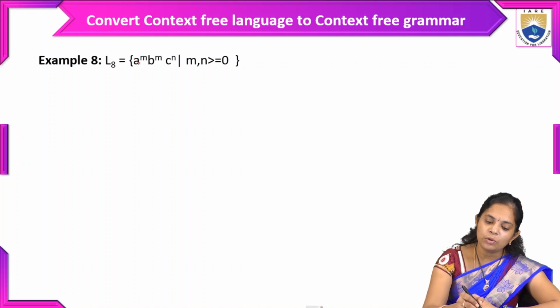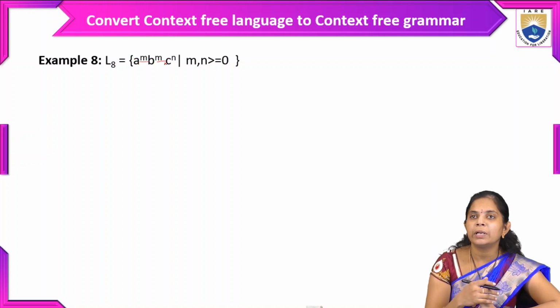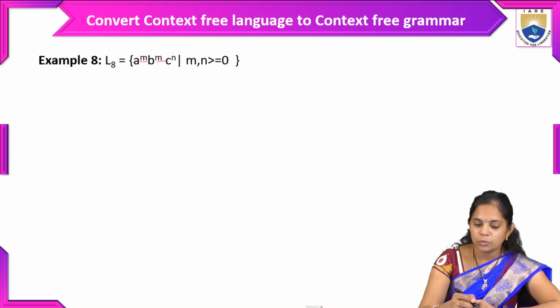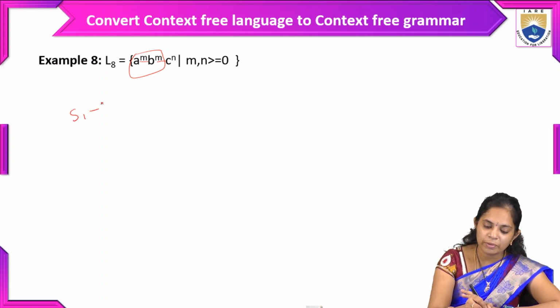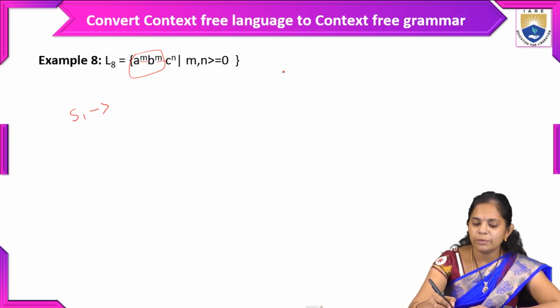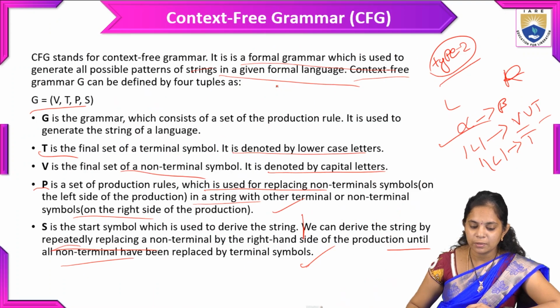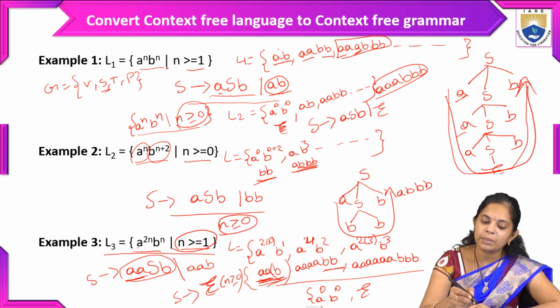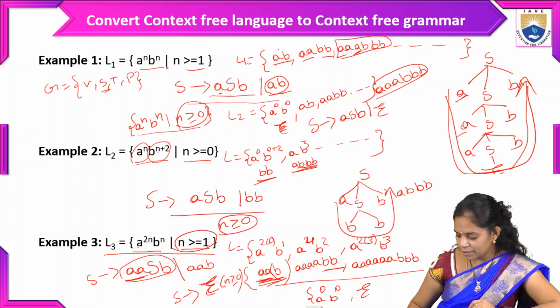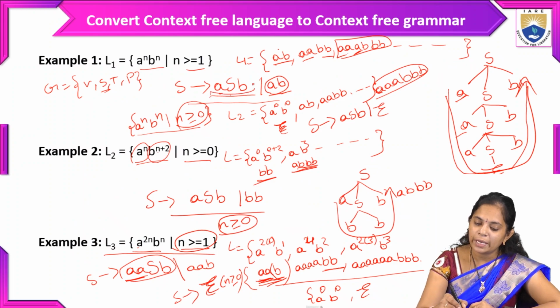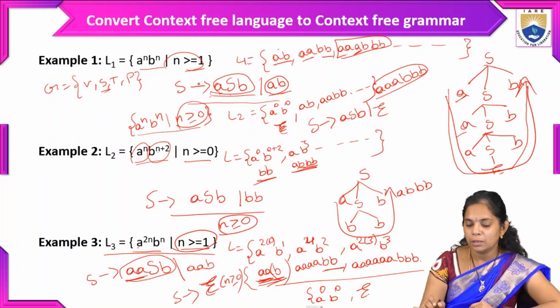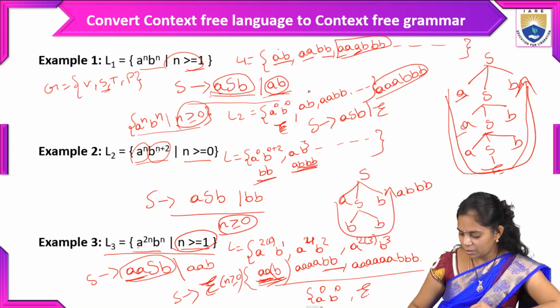So here the value of A power M and B power M is the same. So let me divide this into two things. So here for the grammar, we will write S1. If you observe in the previous grammar, we have A power N and B power N. So like that, for the same thing we will construct A power N and B power N. So we have ASB, and if the value is greater than 1, we need to write the terminal value.